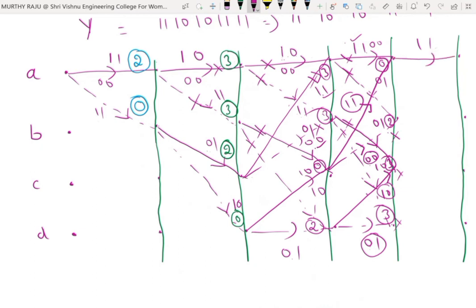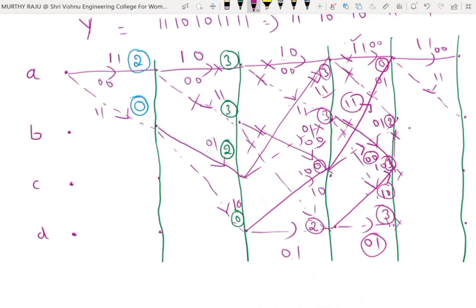A to A is 0 0, A to B is 1 1. Okay, need not expand this because of higher values. 3 is cancelled.